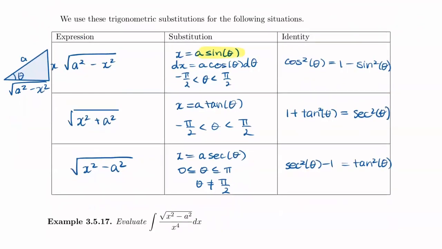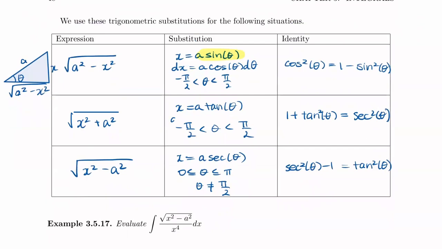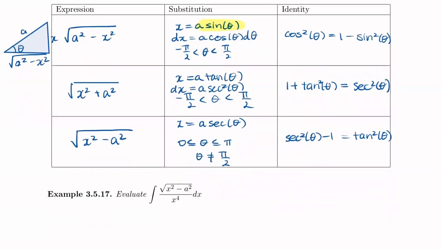Your substitution for the second row is going to be dx is a secant squared theta. And as for your third substitution, you're going to be using dx is a secant theta tan theta d theta.